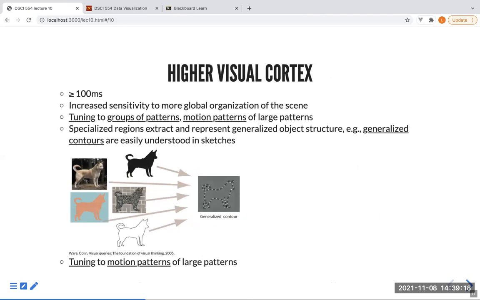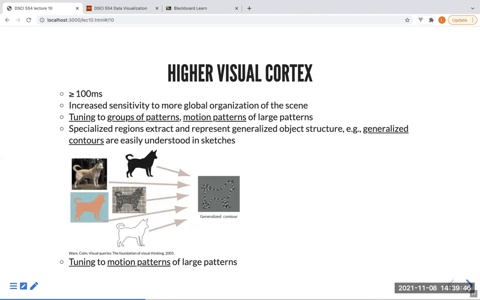So here is the higher visual cortex. There what we're looking at is a much longer time than with the lower visual cortex. We're more tuned to things that are global in nature, like the shape of objects and how the pattern is organized in the scene.